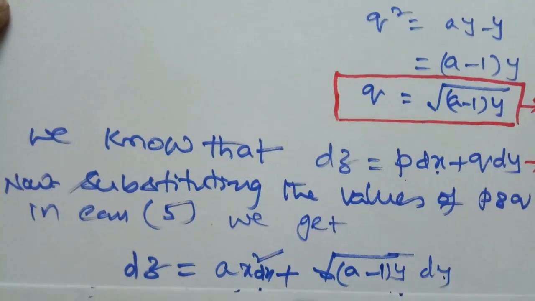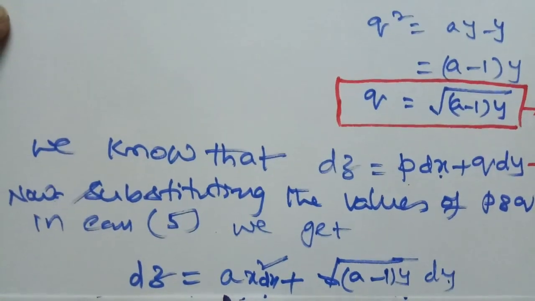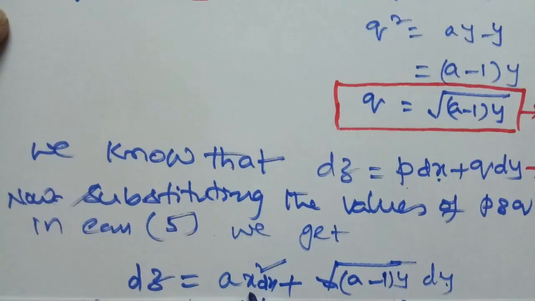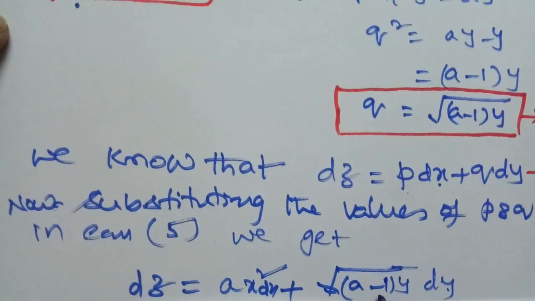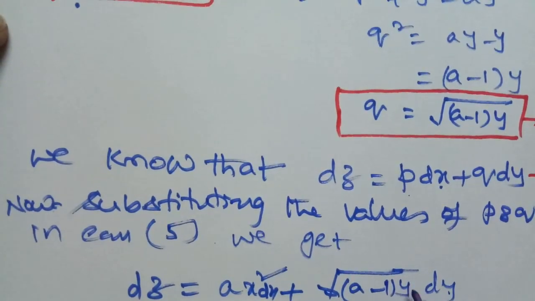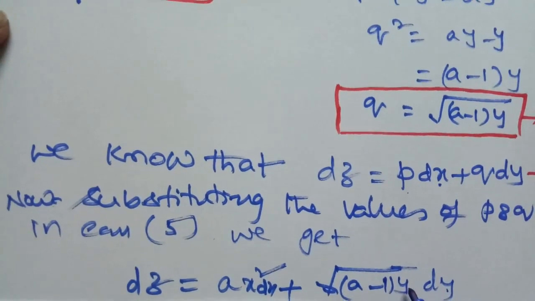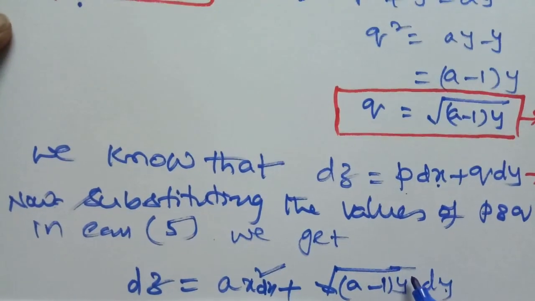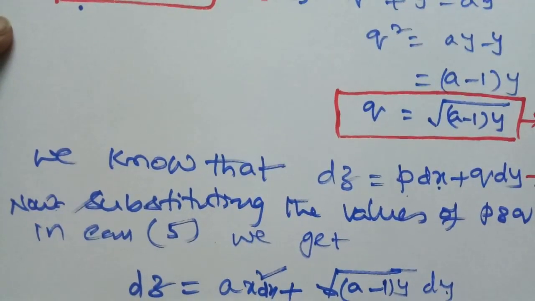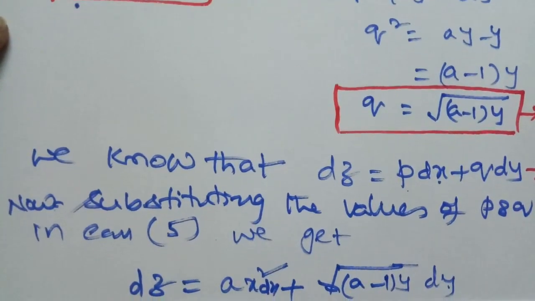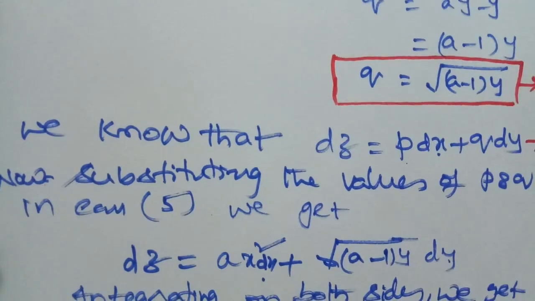Now integrating on both sides, that becomes a into x cube by 3 plus square root of a minus 1, which is a constant, into root of y. Integration of root y, that is y power 1 by 2, is y power 1 by 2 plus 1 over 1 by 2 plus 1.